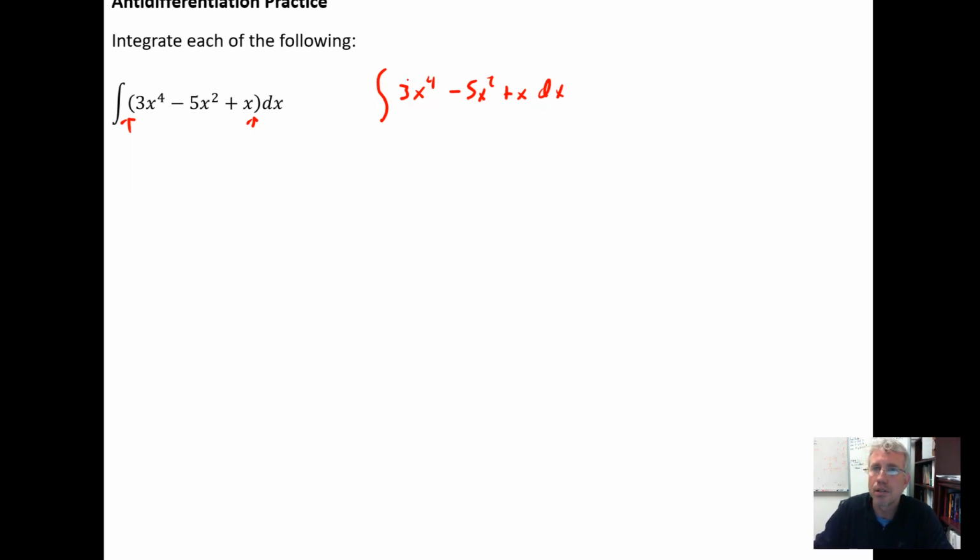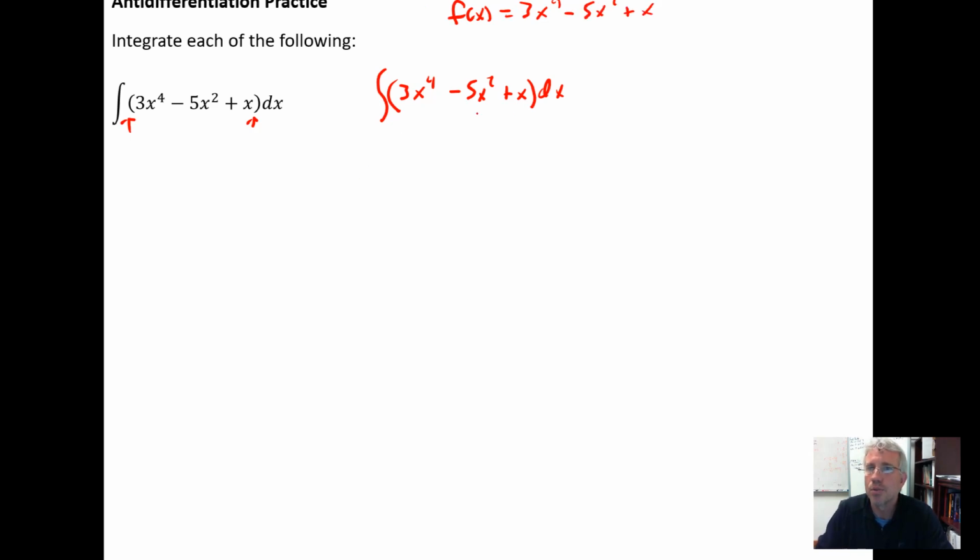So I need the parentheses around the function that's being integrated, and our function little f of x that's being integrated is the function 3x to the 4th minus 5x squared plus x.